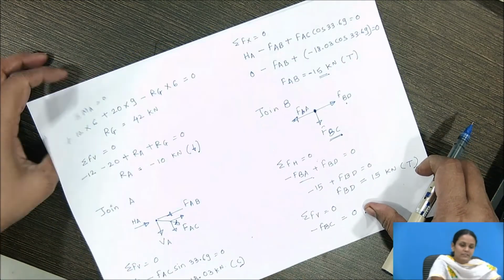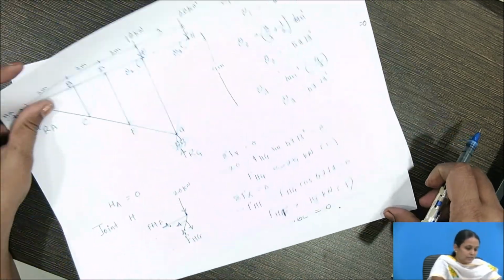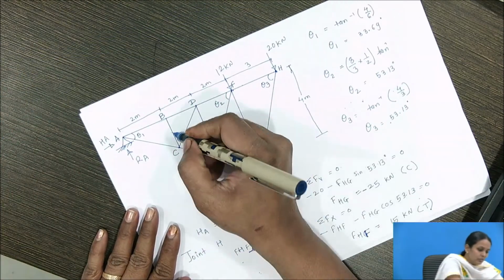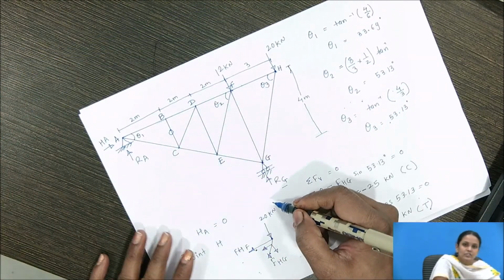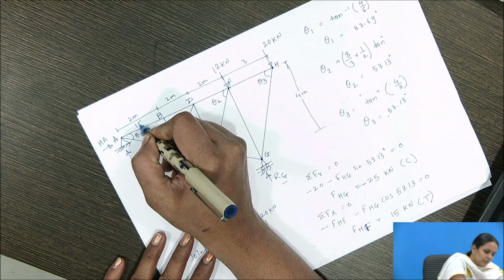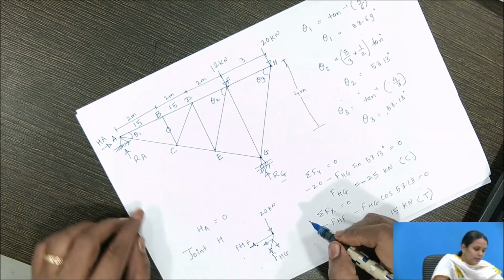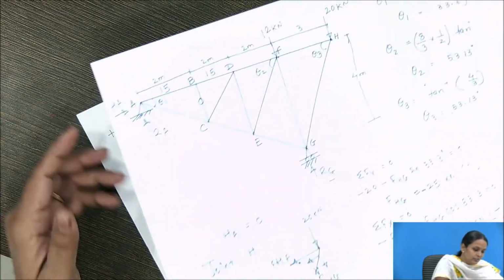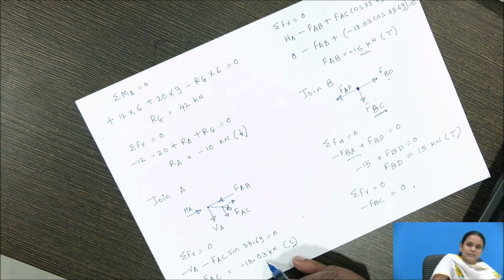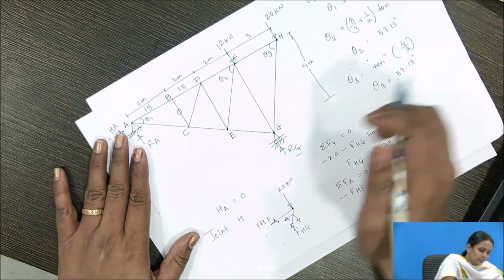So if we apply this concept to the entire truss, here I got the force in member BC is 0, isn't it? Force in member AB is 15 and force in member BD is also 15. And force in member AC we got as 18.03 compressive force.